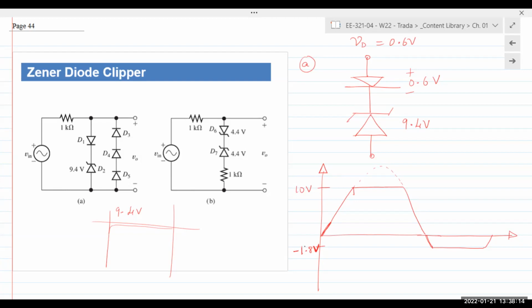So in the positive half cycle, D6's anode is connected up here. So it's on at 0.6. This will be reversed at 4.4. In the negative half cycle, D7 is forward biased, D6 is off. Again, 5 volts. So clipping at 5 and minus 5.